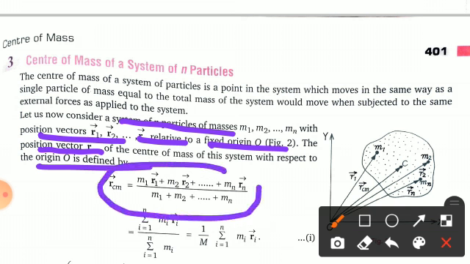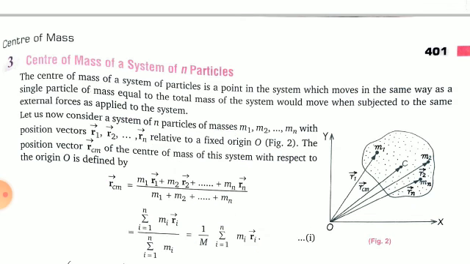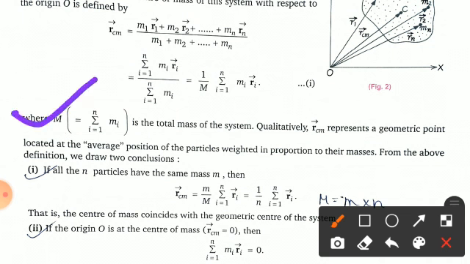So RCM is equal to m1 r1 plus m2 r2 vector up to mn rn, because we are taking up to n particles, as you can see in the figure. Fine. So if we sum all the above terms, we will get the expression like this. This is your expression, 1 upon M summation of mi ri vector. Clear? Where you can see this summation of mi is the total mass of the system.